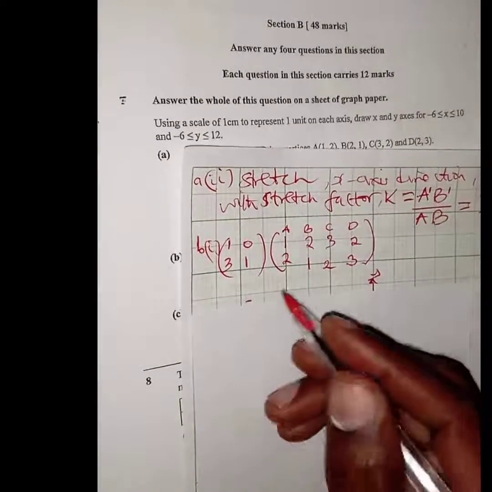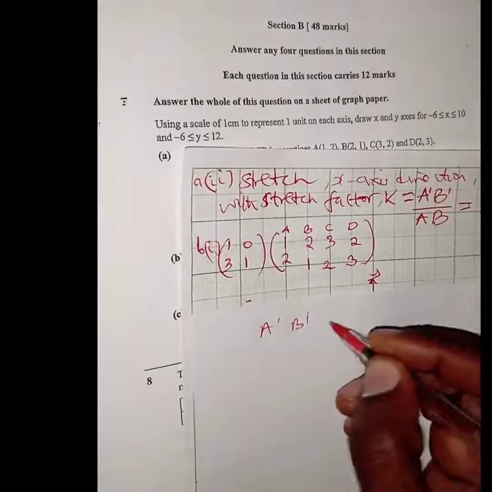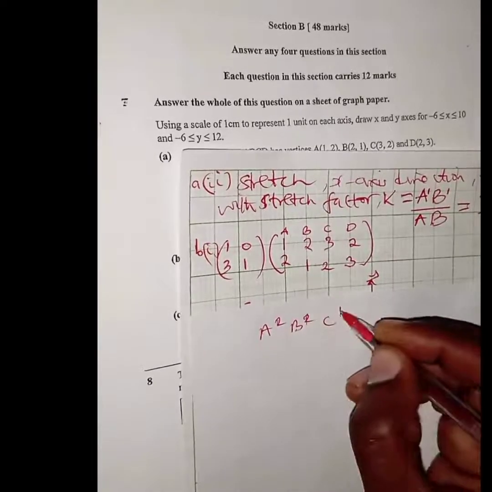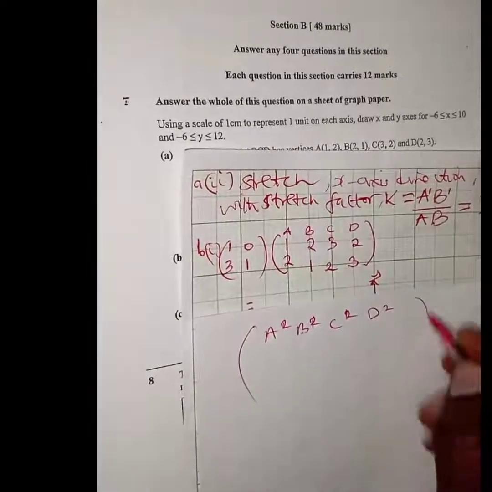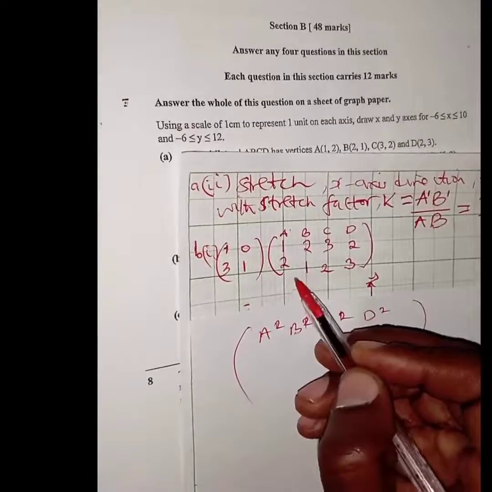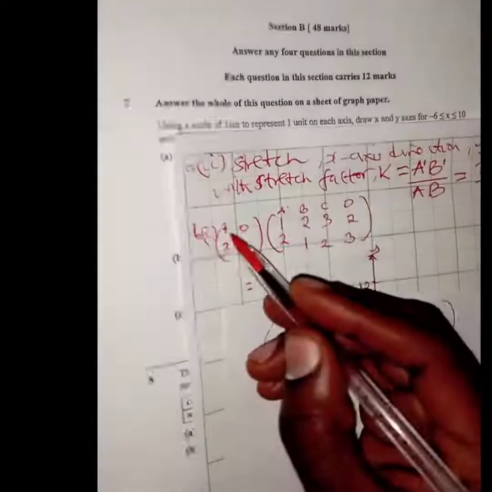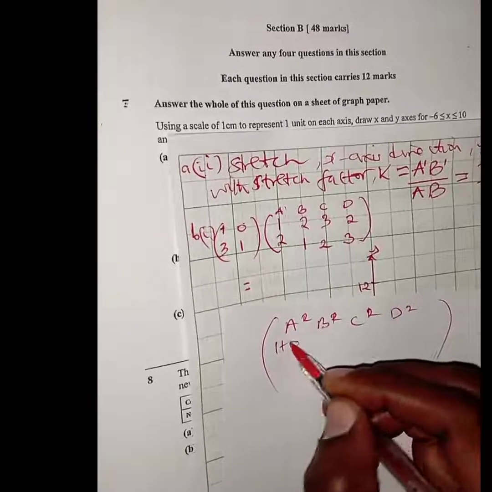So row by column. So have this A2, B2, C2, D2. You see, row by column. You multiply the way you do under matrices. So 1 times 1, 1 plus 0 times 2, 0.